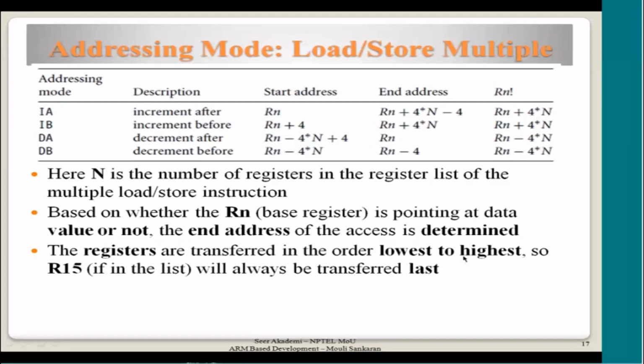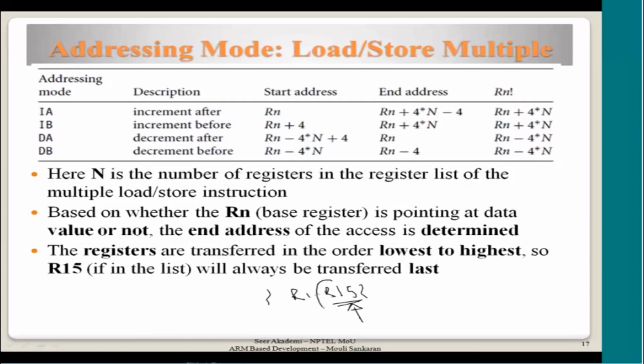The registers are transferred from lowest to highest, so R15 will always be transferred last. Why have they put this lowest to highest? Suppose you have mentioned a set of registers R1 to so many registers, and R15 also. R15 is a special register, which is the PC.